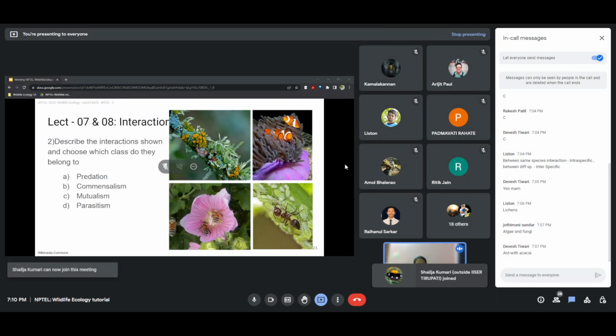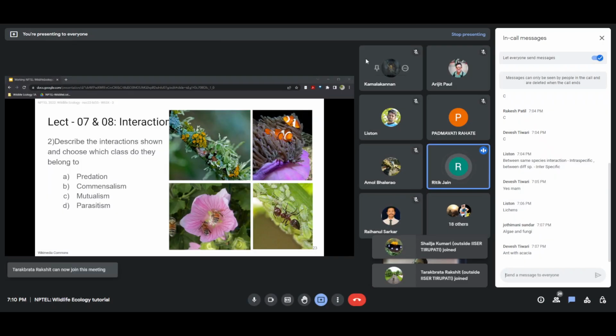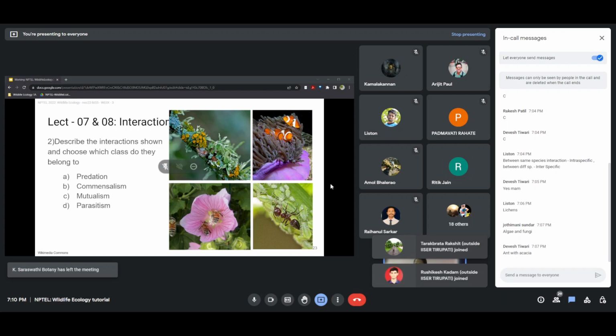So it is also a kind of mutualism. Yeah, sure. Would you like to explain it?